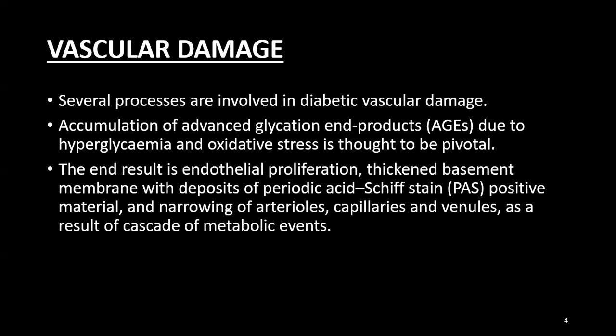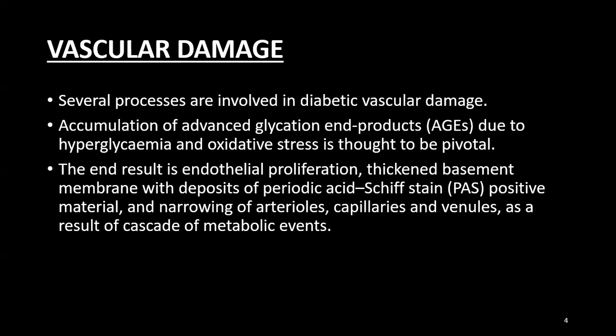The main reason for vascular damage is the accumulation of advanced glycation end products. These advanced glycation end products are called AGEs. These AGEs are produced because of prolonged hyperglycemia and the oxidative stress which develops because of the prolonged hyperglycemia.